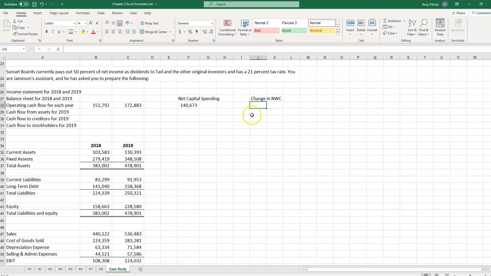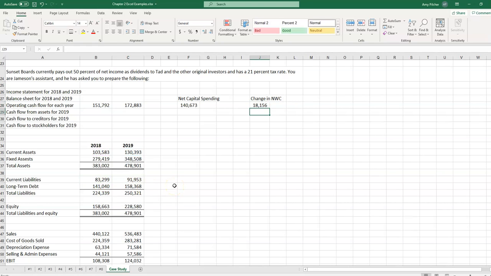And our change in net working capital is the difference in working capital from 2019 to 2018. So remember, that is current assets from 2019 minus current liabilities in 2019. That gives us our net working capital for 2019 minus current assets in 2018 minus current liabilities in 2018. So that gives us our change in net working capital.